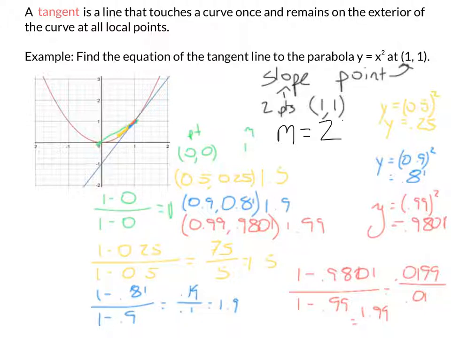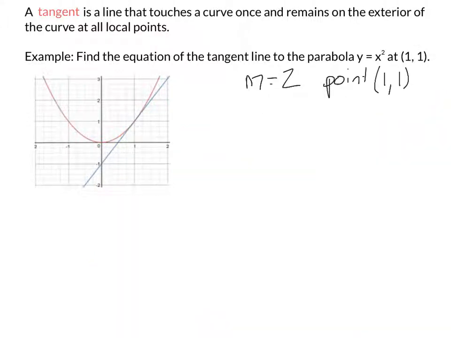Now, I have the slope, I have a point. What I'm going to do is clear the page here in order to get some room to work. Alright, so let's continue. I know now that I have a slope that is very, very close to 2, and I'm going through the point 1, comma 1. So let's go ahead and use that information to write the equation for this line.